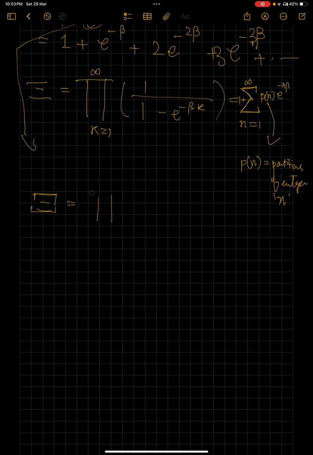He found the asymptotic form for the number of partitions. But I think this can be actually mapped. If we can somehow do a Laplace transform of this equation, then we will obtain Ramanujan's asymptotic formula for the partitions. Anyway, maybe that will be a video for some other time.